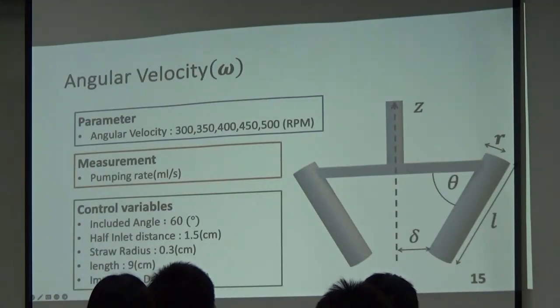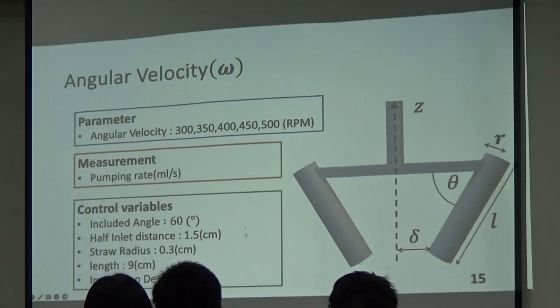And the next parameter is the angular velocity, which is 300, 350, up to 500 rounds per minute. And for measurements will be the pumping rate. And for control variables, will be included angle, half-fin distance, straw radius, and also the immersion depth.